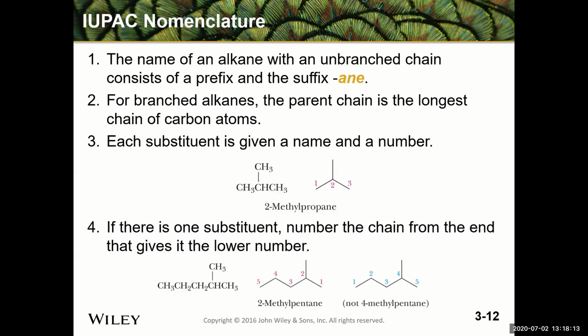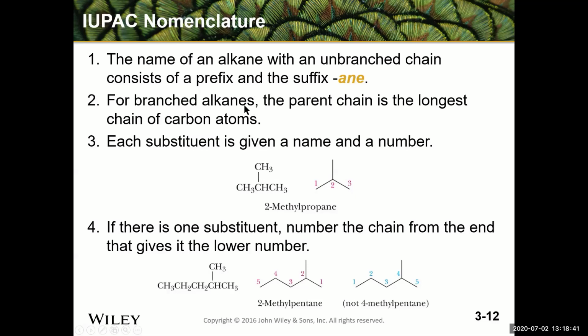That way chemists around the world, if the names are standardized internationally and a chemist has to order compounds, will know that they're ordering the right compound. So the rules are: the name of an alkane with an unbranched chain consists of a prefix and the suffix -ane. We already went through that.